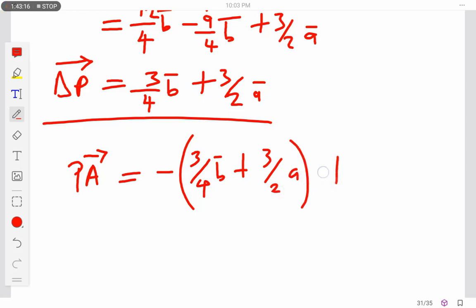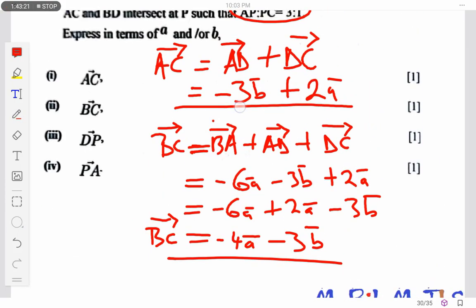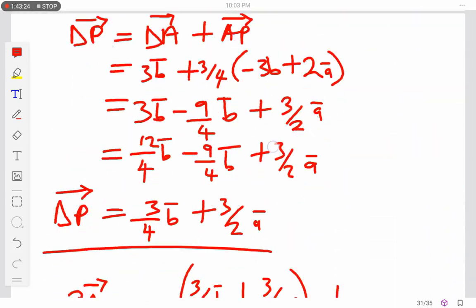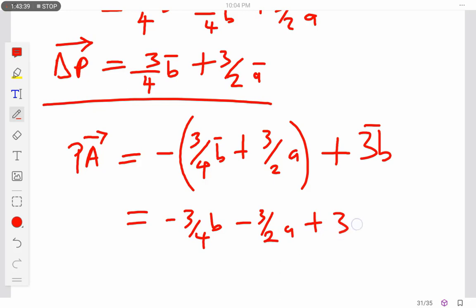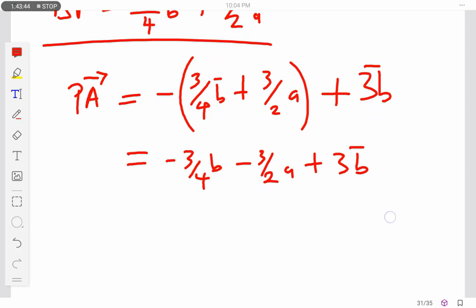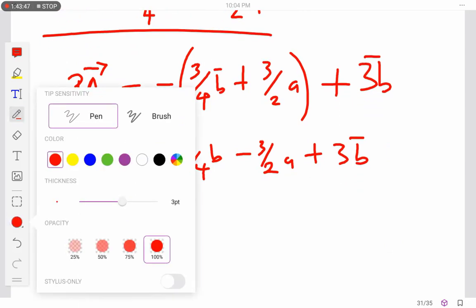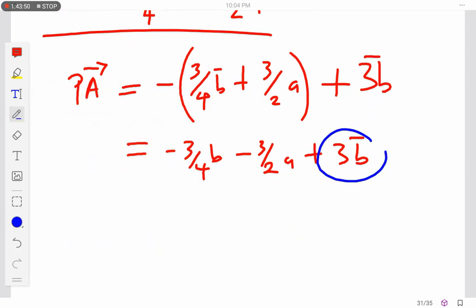Then we say plus 3b. Yes, plus 3b. Okay, so this will give me minus 3 over 4b minus 3 over 2a, then plus 3b like this. So I'm going to add the b's together. This part here is the same as 12 over 4b.